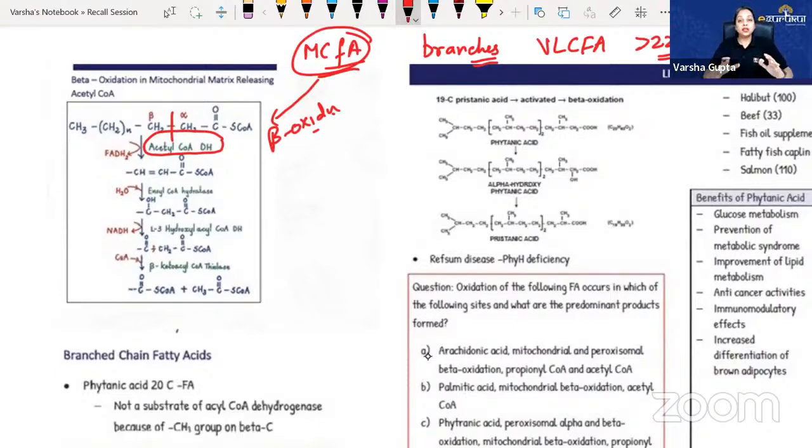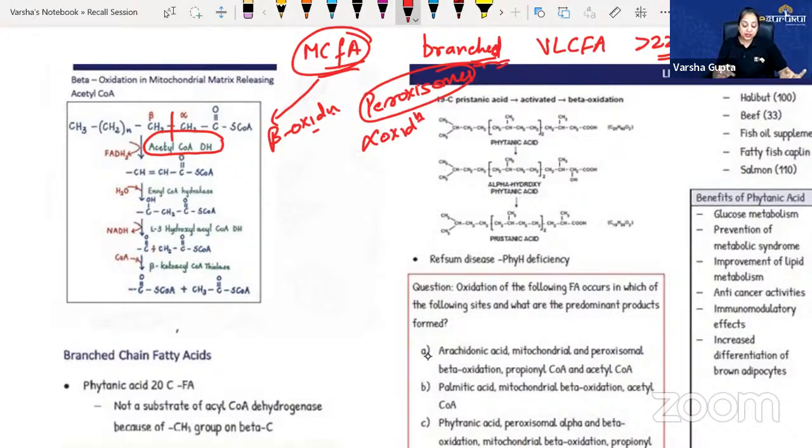So if you have very, very long chain fatty acids, even those are taken to the peroxisomes, they undergo alpha oxidation first. Alpha oxidation trims them down to very small fatty acid, and that fatty acid is now transferred to the mitochondria where the regular beta oxidation happens, right? So very long chain fatty acids and the branched chain fatty acids are the 2 different versions.